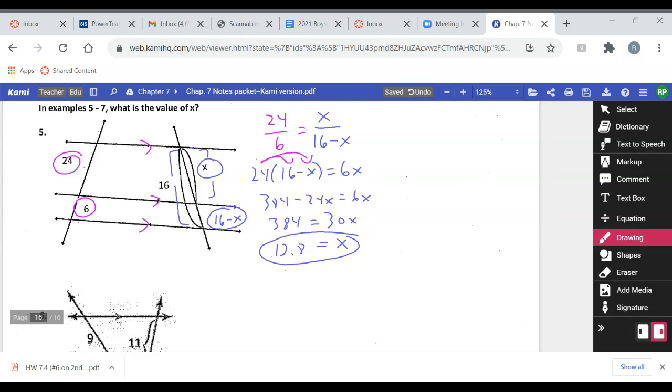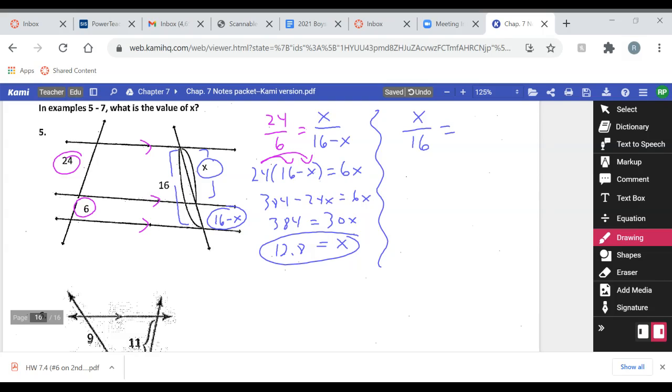Another option is, say I saw that x and I just wanted to start with the x, and I see that 16 and I want to start with the 16. I could say x over 16. That's fine if I start with that. But if that's the lead I follow on one side, I have to follow that lead on the other side as well.